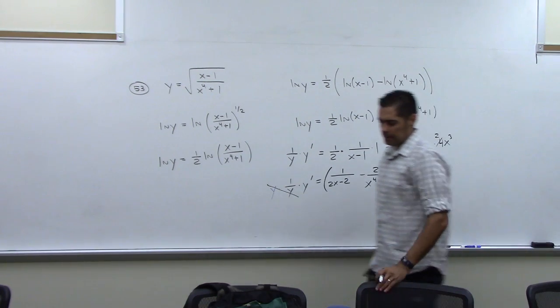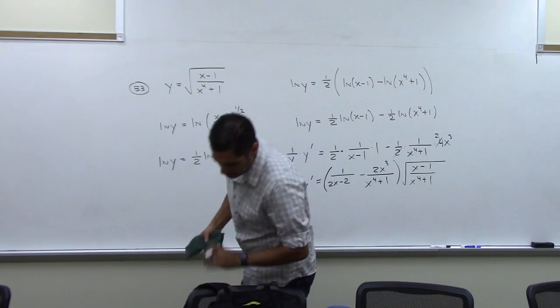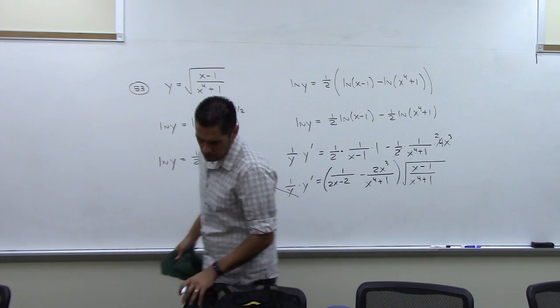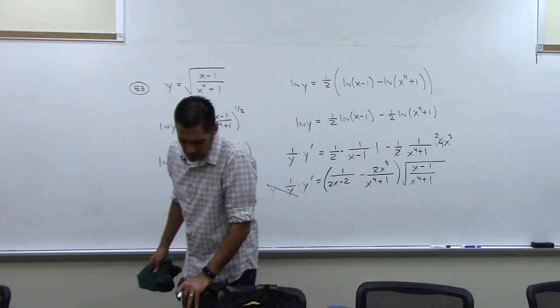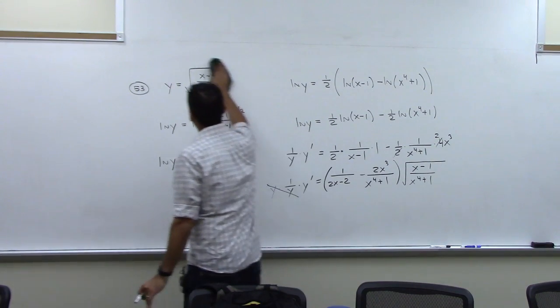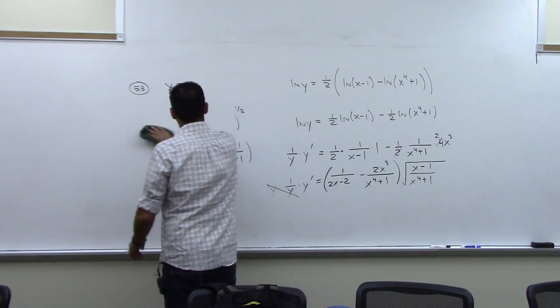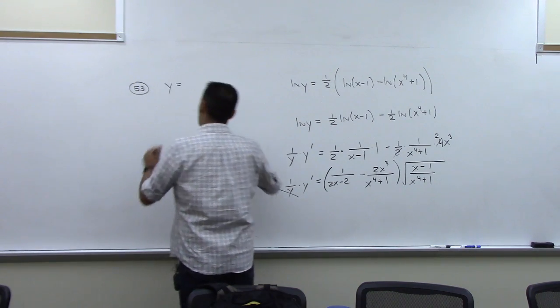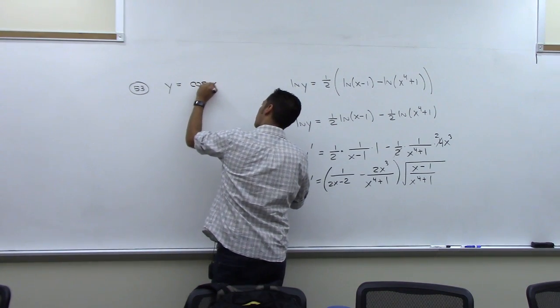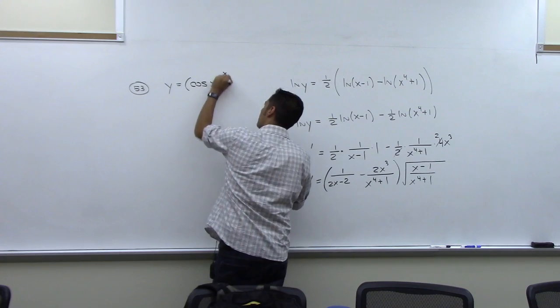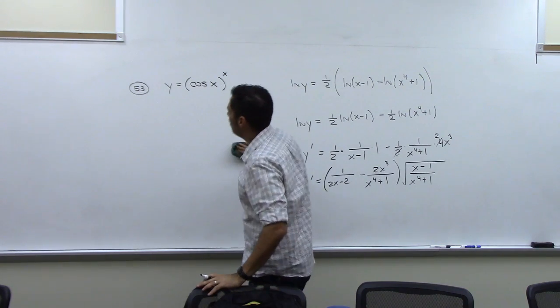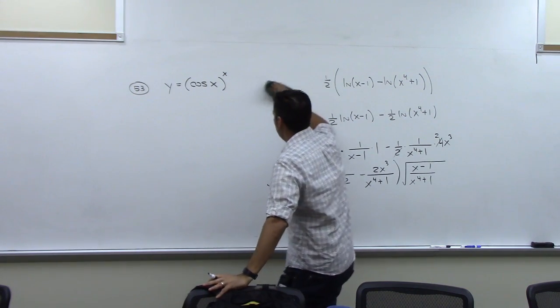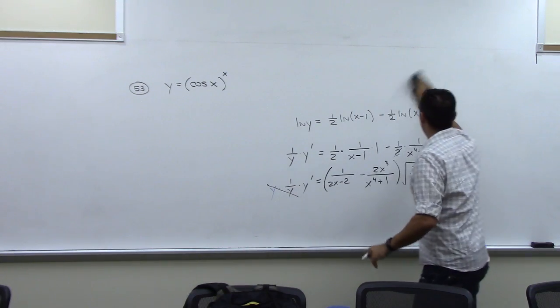All right. Oh yeah. Y is equal to cosine x to the x. Notice that there's a parentheses around the cosine x. So it's the whole thing raised to the x.